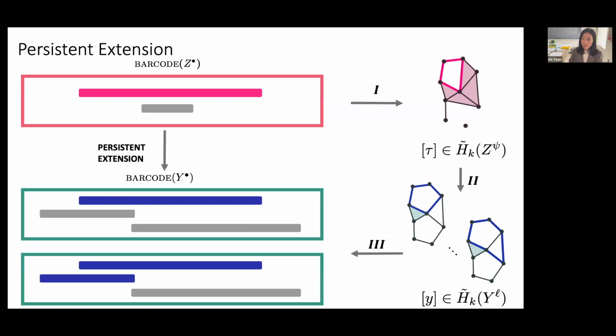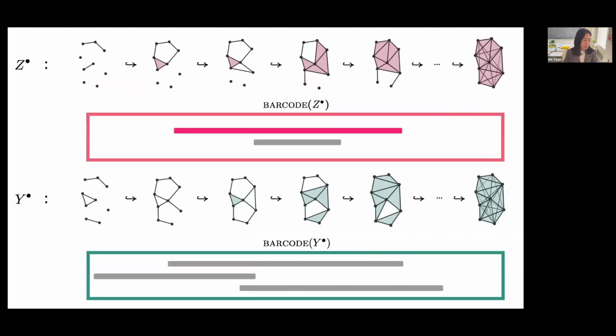And then we represent those navy classes as collections of bars in our barcode. And again, really, this process was motivated by this problem of how do you compare two different filtrations built on a common vertex set.